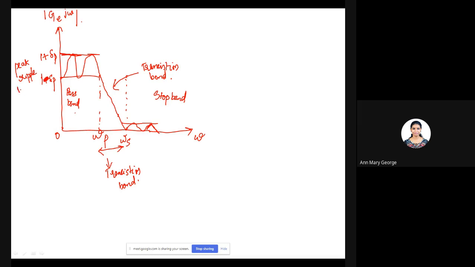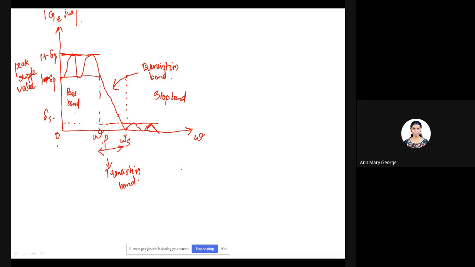And this will be del s, the peak ripple value of the stop band. First, 0 to omega p will be the pass band, omega p to omega s will be the transition band, and beyond omega s will be the stop band.